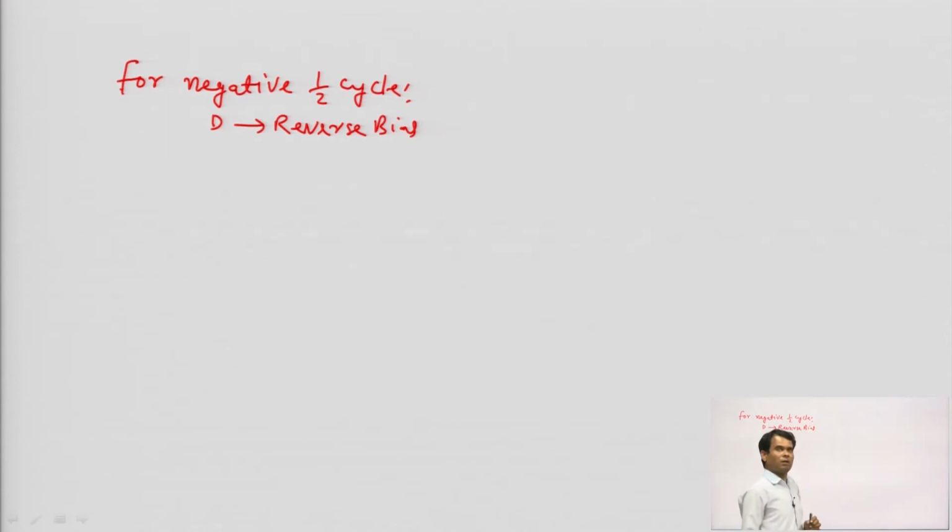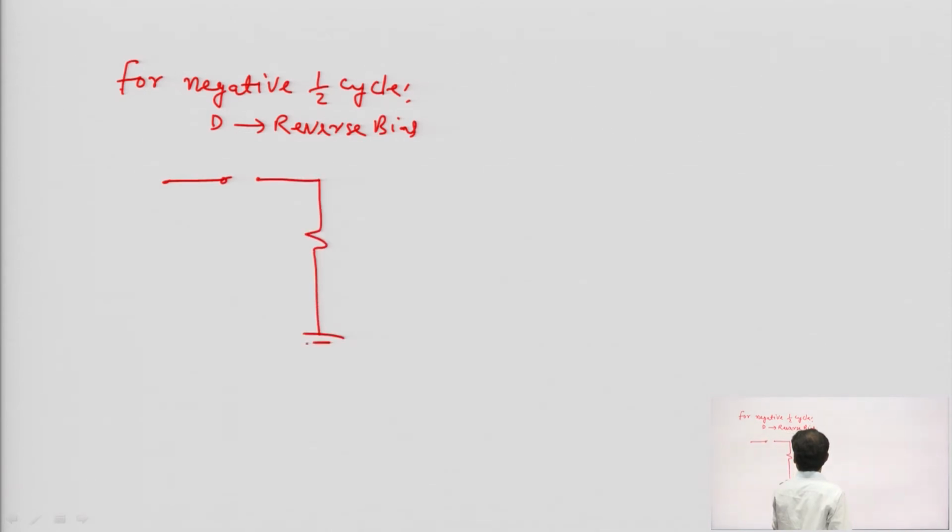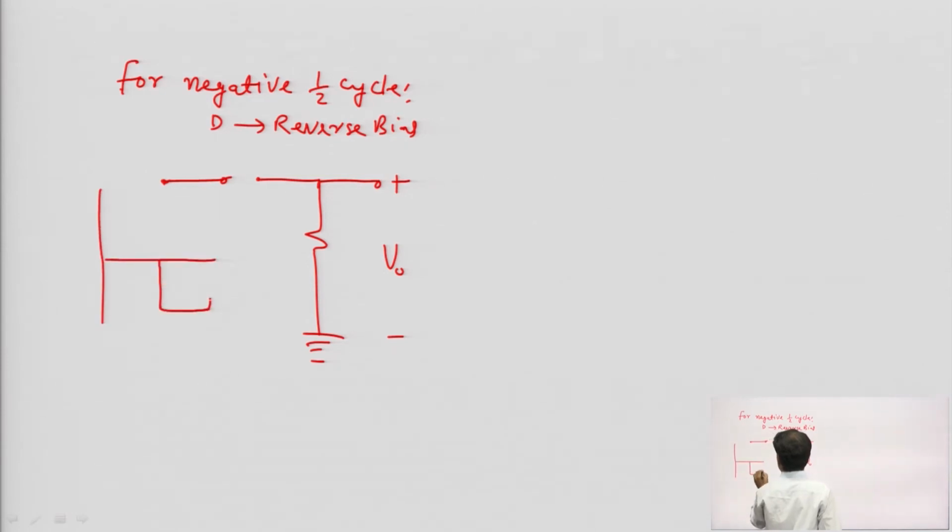Reverse bias means open circuited. The simplest circuit is this, the diode becomes open circuited, and this is the resistance and this is the output terminal, and here the input is only the negative half cycle.